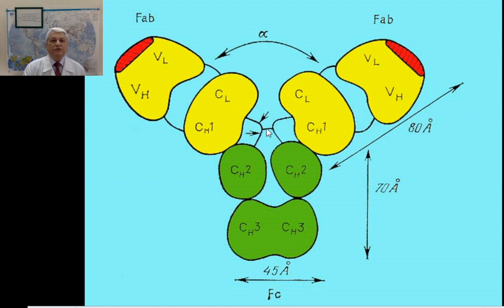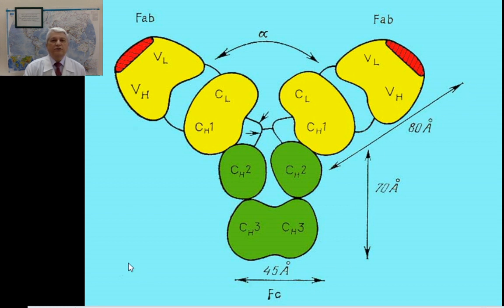This line shows the disulfide bond, and as this hinge region is the flexible part of the immunoglobulin, you can simply understand that this angle alpha can be different because these FAB parts can move up and down, up and down. And what is also very important, please look at these arrows.